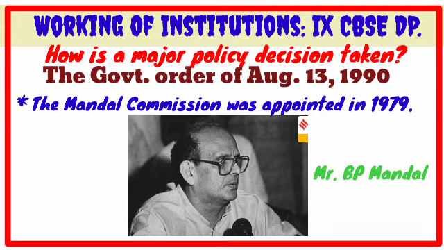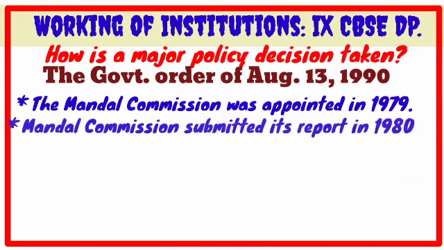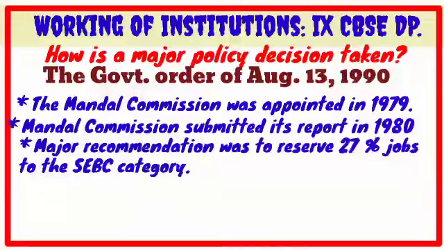So already we have SC/ST people. Other than these, which are the other people who required extra care? Just one year later, the Mandal Commission gave its report and made many recommendations to the government. One of the recommendations was that 27% of government jobs should be reserved for these socially and educationally backward class people.